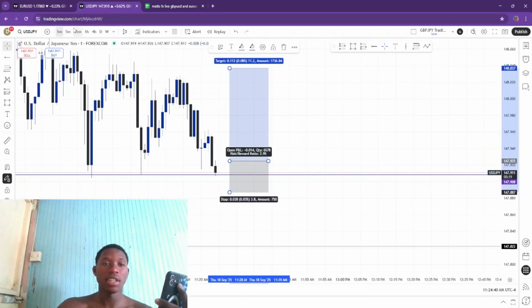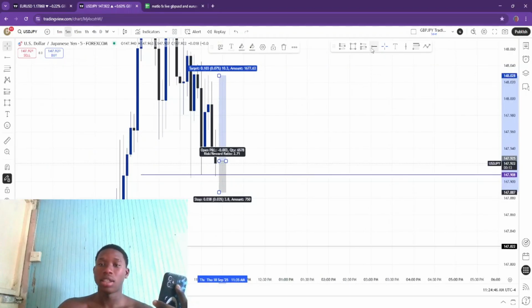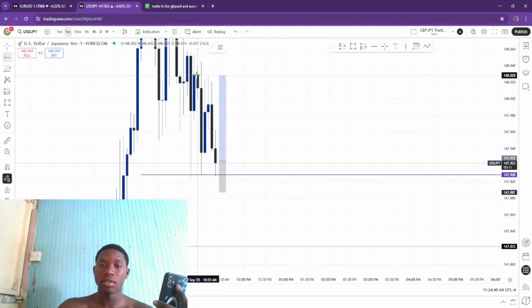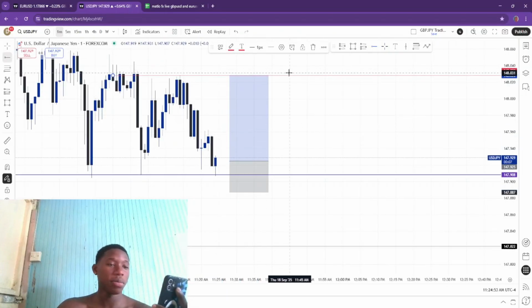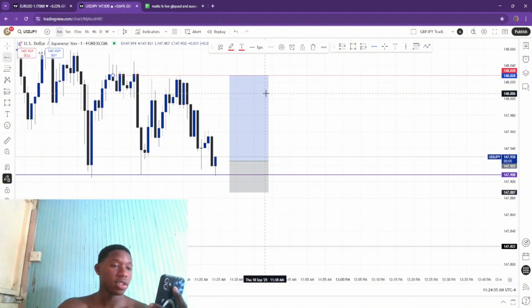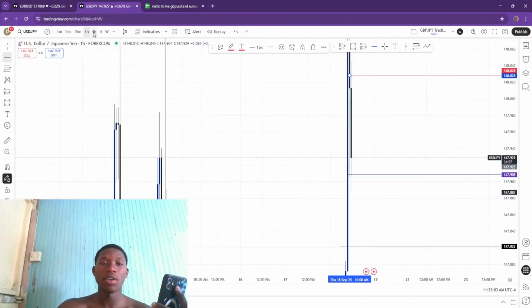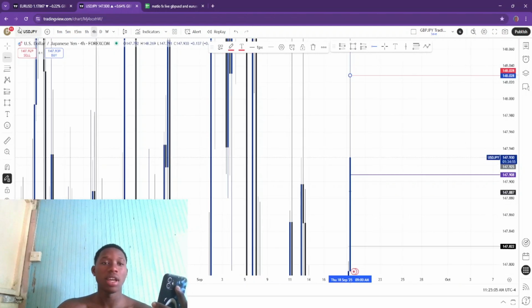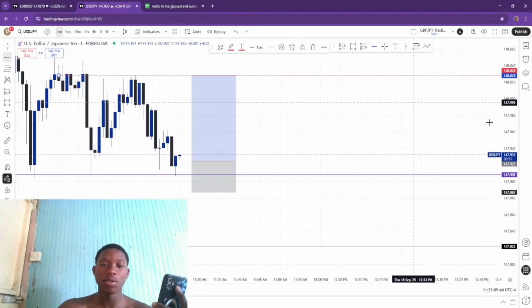Which one has the higher... See the sweep. Oh my gosh, it could be either one of them, you know. Which one would have a cleaner 1 hour, 4 hour? Yeah, JPY has a cleaner uptrend. So we're going to take JPY.